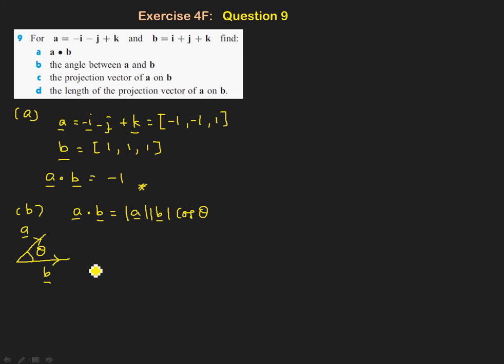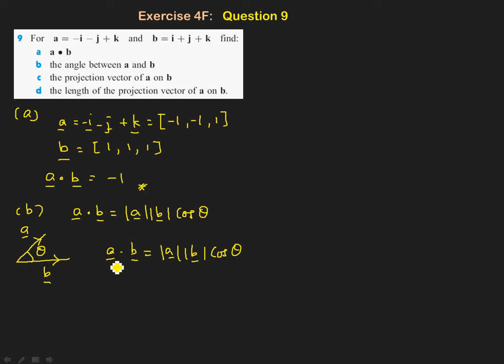Right? Hope you recall that. In this case, this is similar to that, which means we can use this, starting from here, and let the angle theta be the angle between A and B.